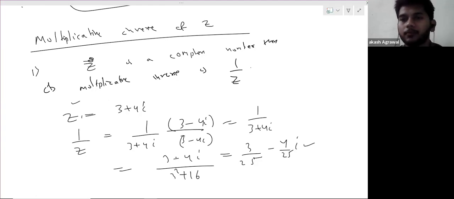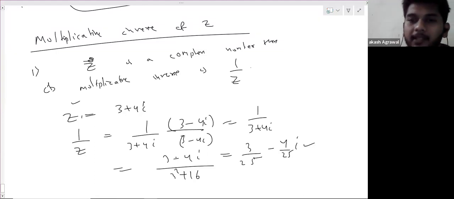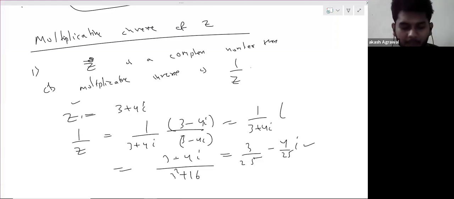I've told you also, for some reason, we do not like complex numbers in the denominator. So you have to rationalize like this and solve further. Is it clear, everyone? Please note it down.